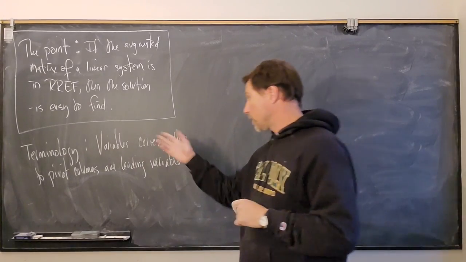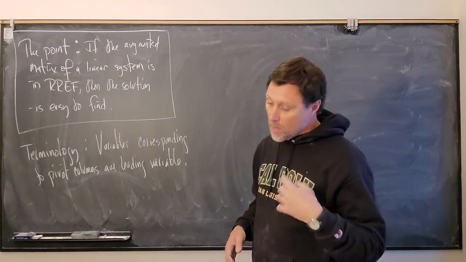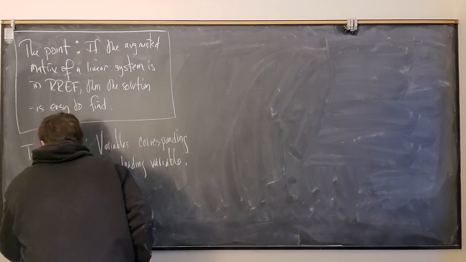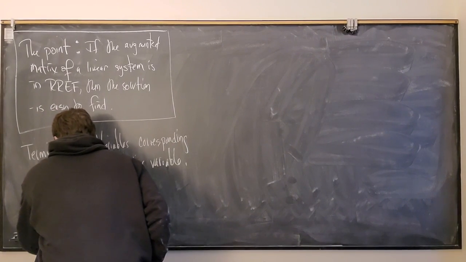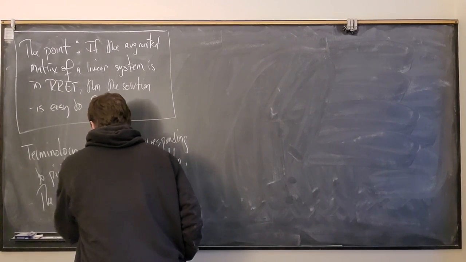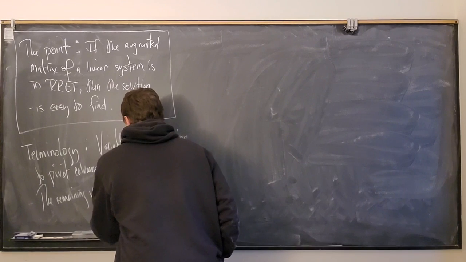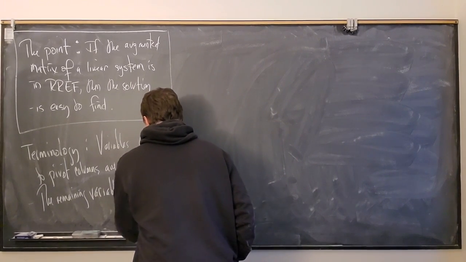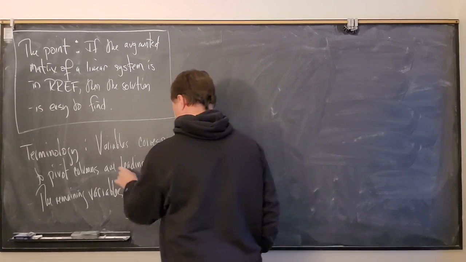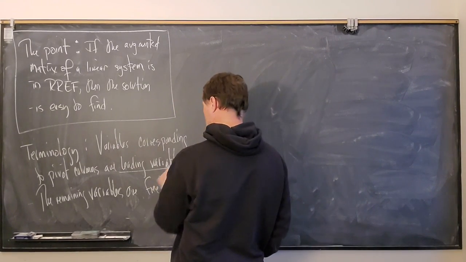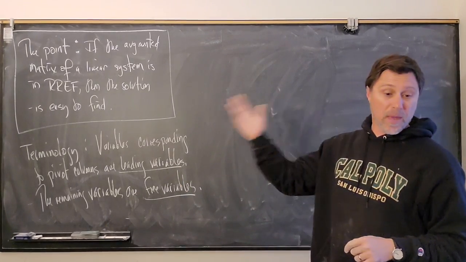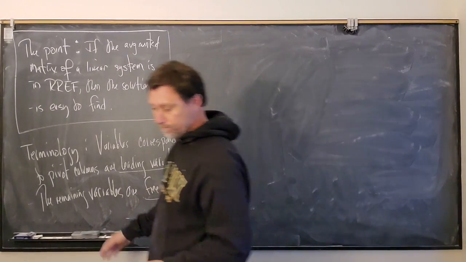The others, the remaining variables, are free variables. So we've got leading variables and free variables, corresponding to pivot or non-pivot columns.